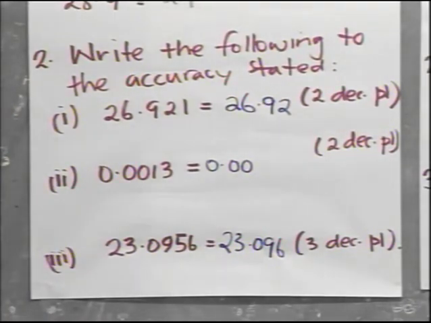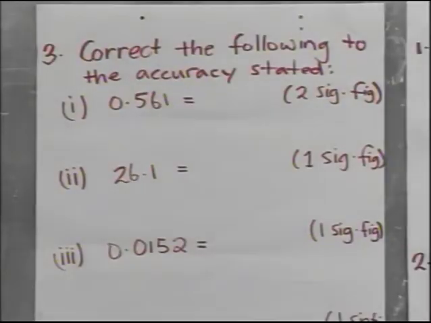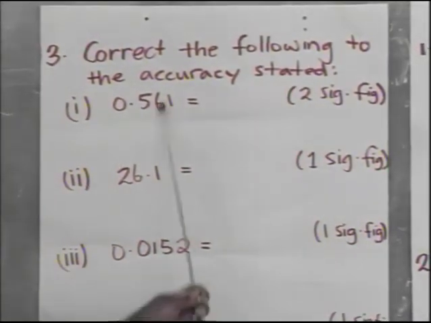All right, the last way of approximating numbers: significant figures. If I wanted to change 0.561, okay, we'll look at this bottom one first before we go to these ones.